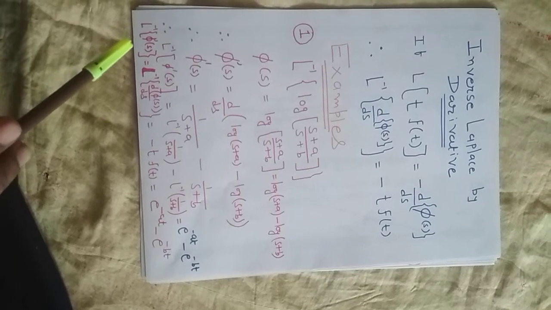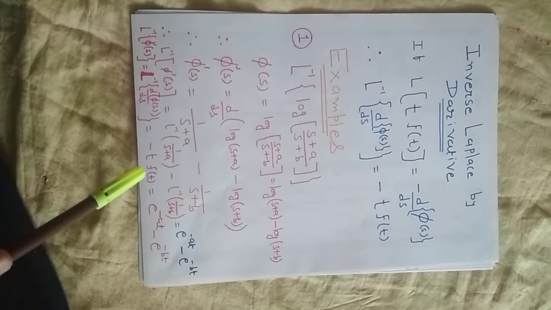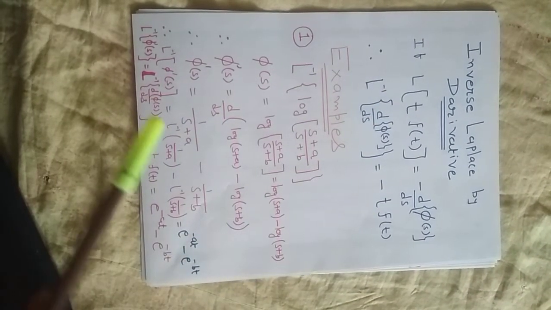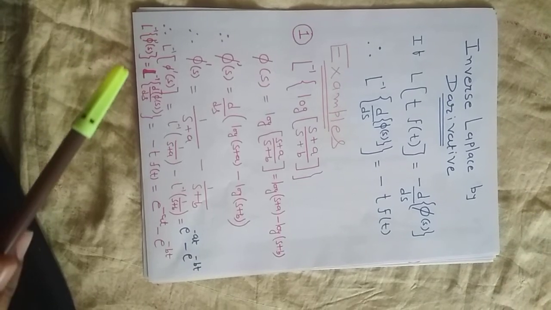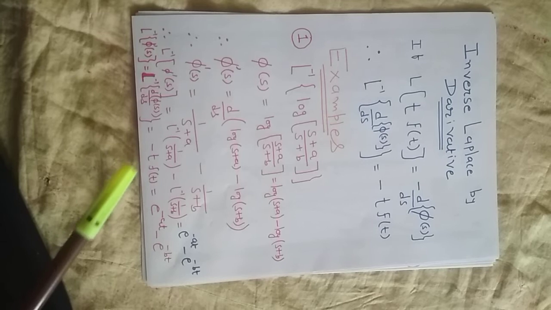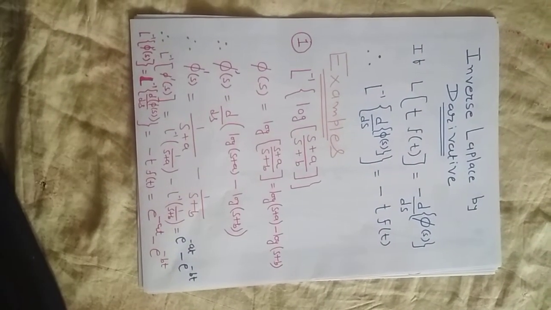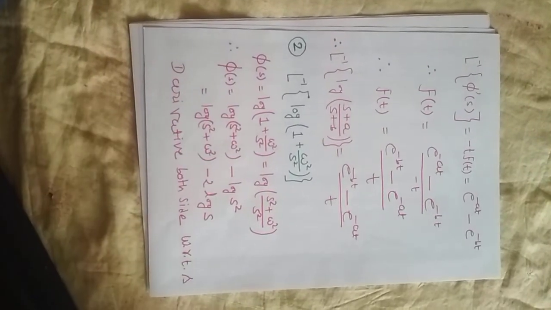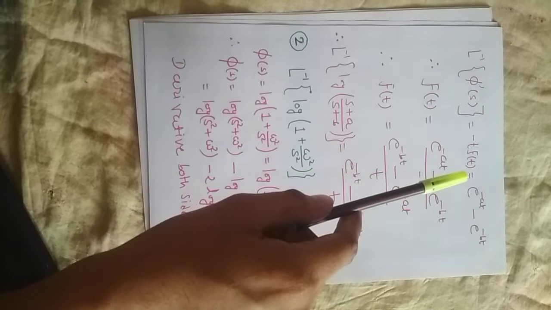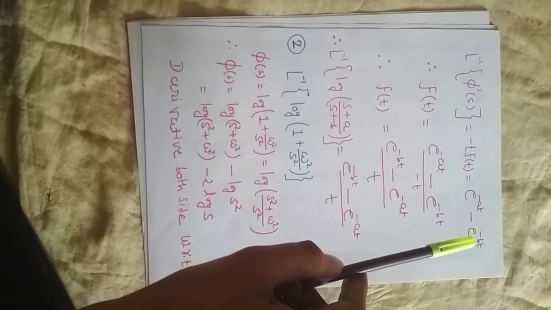Now inverse Laplace of phi dash s equals minus t f(t), according to the formula. Therefore, minus t f(t) equals e raised to minus at minus e raised to minus bt.